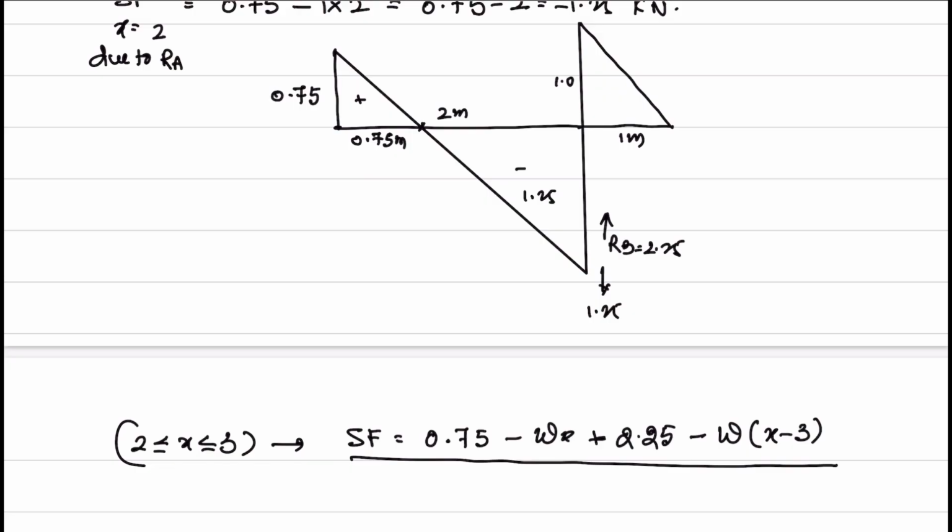X. This equation is up to 2. We have to use, and afterwards we have to add this from X 2 is less than or equal to 3. This is how we have to calculate.